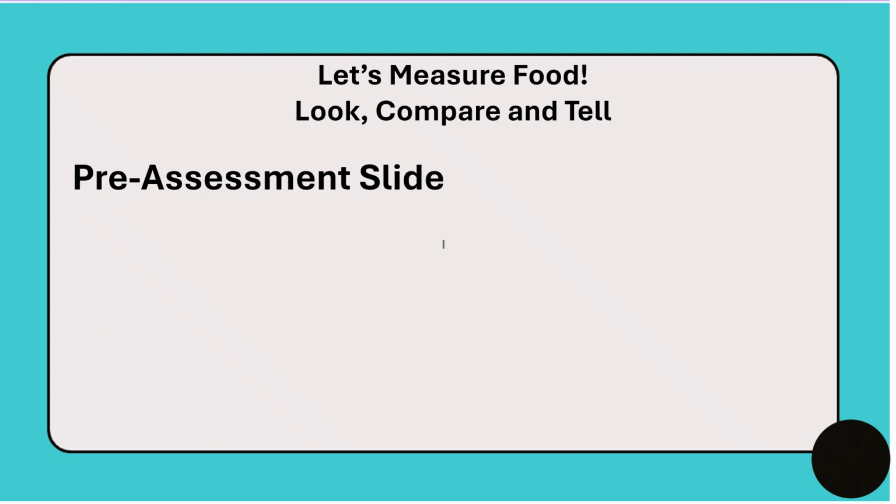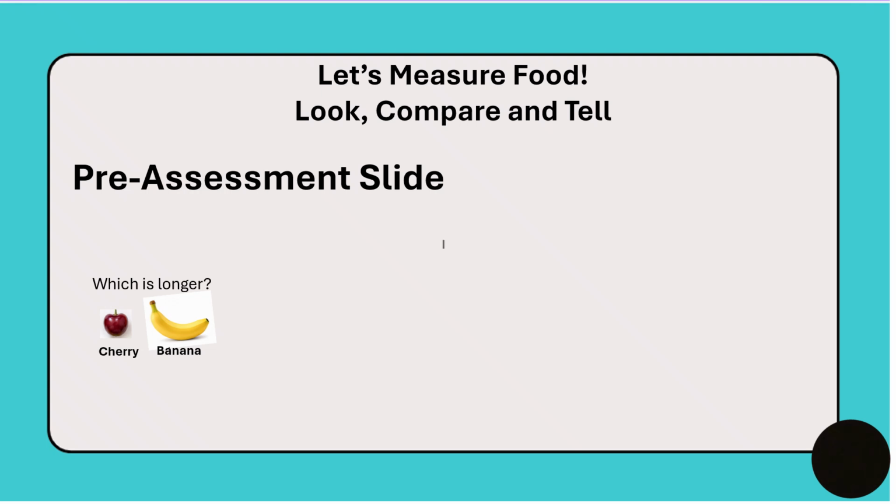In this slide, we move into a quick warm-up game called Look and Compare. This helps me see if the students already know about size words before I hand out any tools.